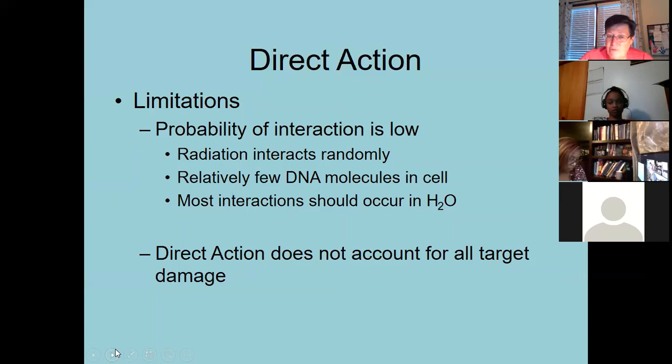So when they were doing these studies, they figured out that yes, direct action cannot account for all of the biological damage. There has to be something else going on. With that realization, it led them to indirect action.